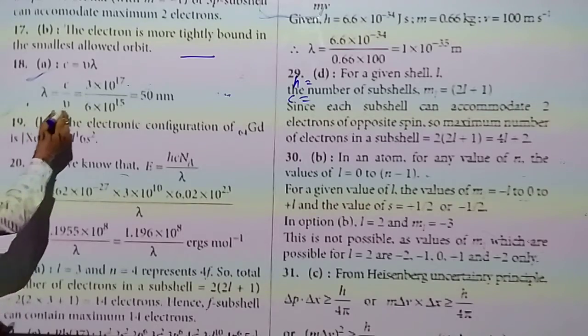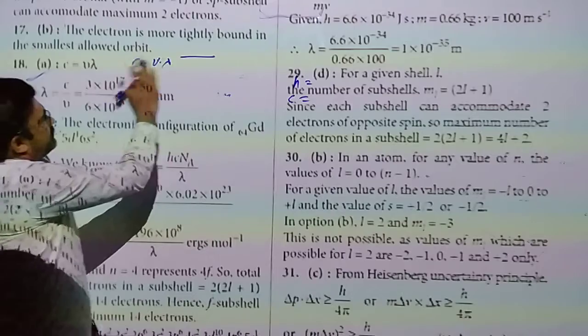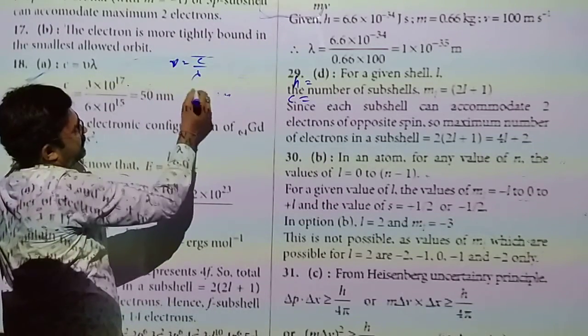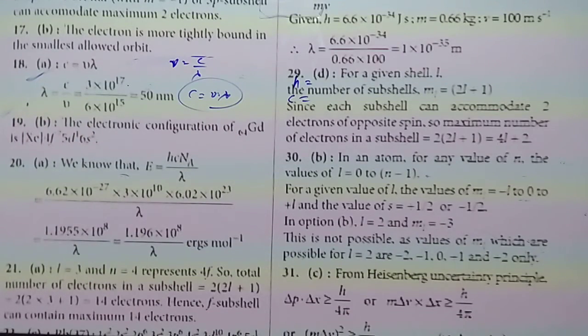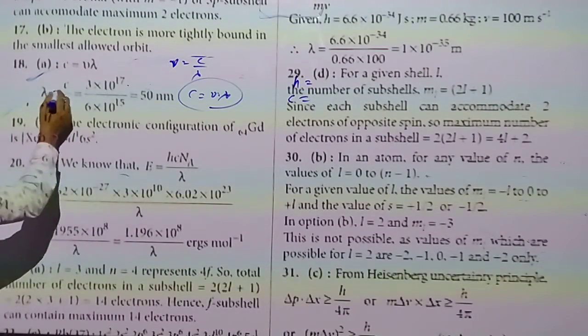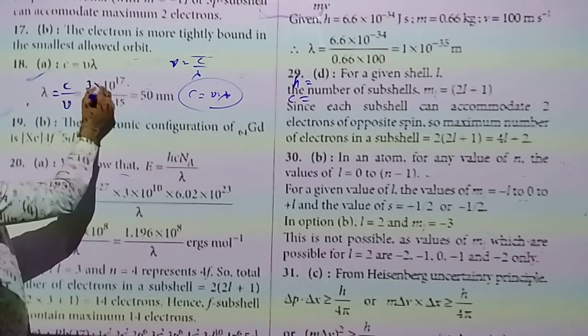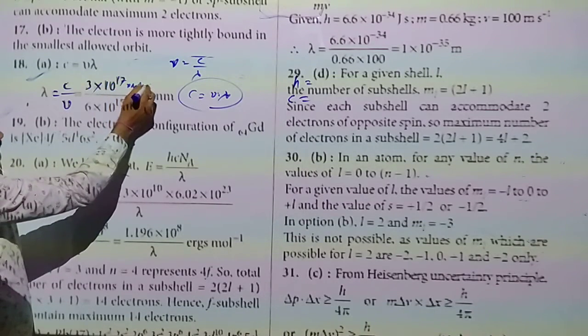Yes, C equal to nu into lambda. Actually nu is equal to C upon lambda. So C equal to frequency into lambda. So lambda equal to C upon nu. C is given in nanometer, 3 into 10 raised to 7 nanometer per second.